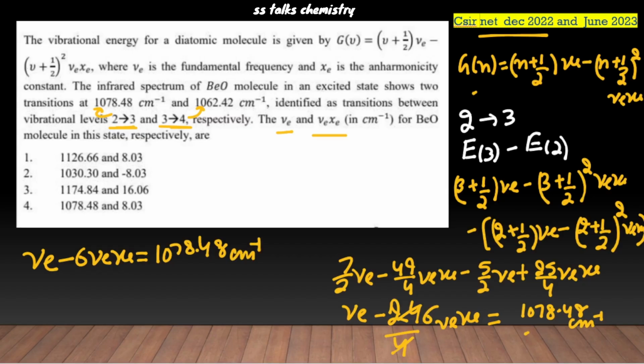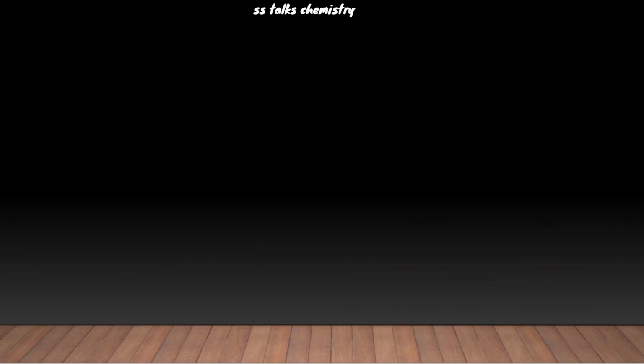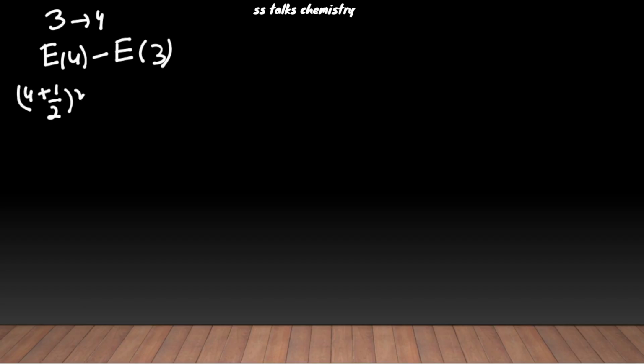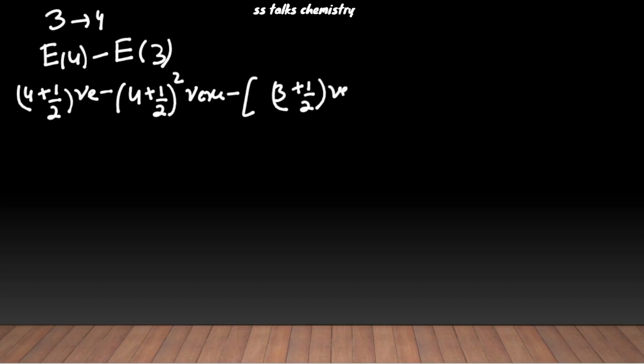Now for the next, the 3 to 4 level: the energy of the fourth level minus the energy for the n value which is 3. So (4 plus half) nu e minus (4 plus half) squared nu e xe, minus (3 plus half) nu e minus (3 plus half) squared nu e xe.